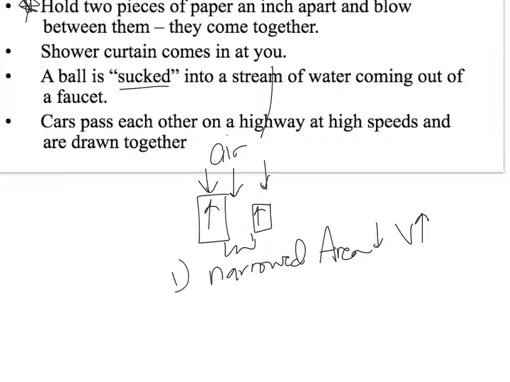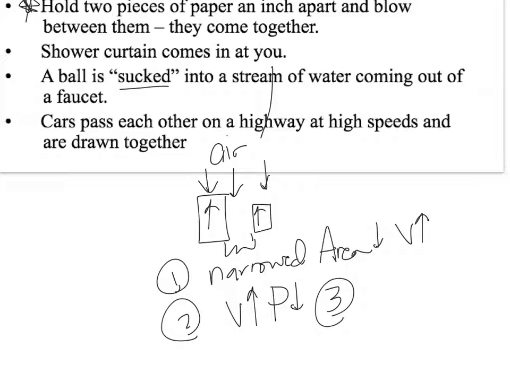Now, that's the first thing you want to mention. The second thing you want to mention is that if you have an increase in velocity, you have a low pressure system. So what's going to happen? The third thing you should mention is that the regular atmospheric pressure from the outside is going to push the two things together, the semi-truck and the car.